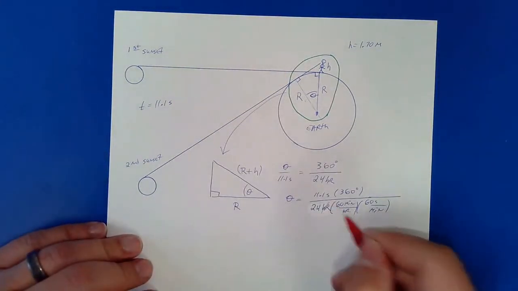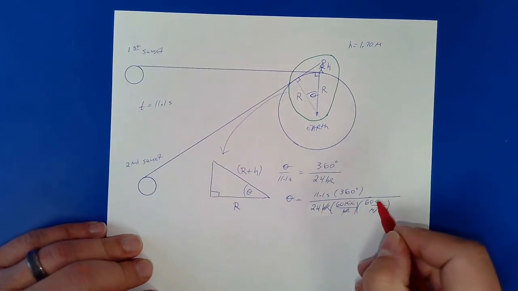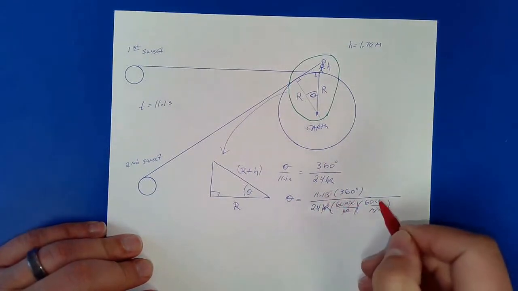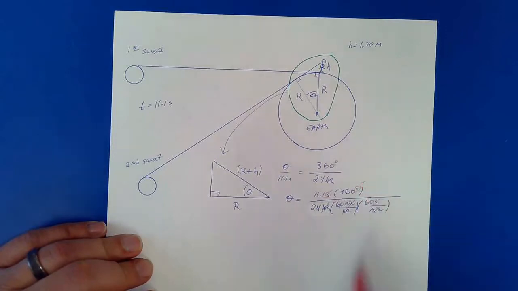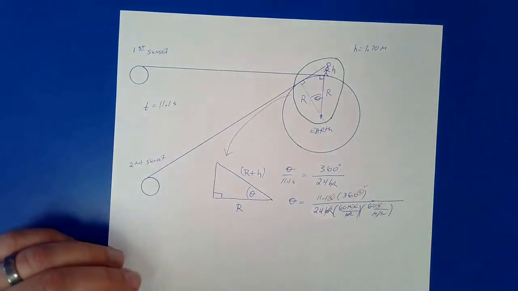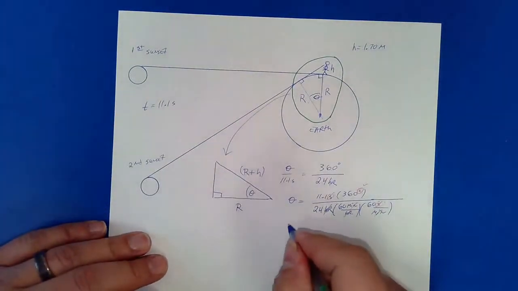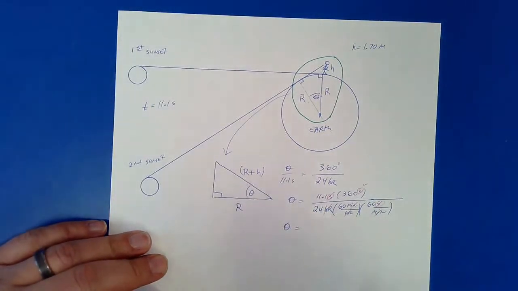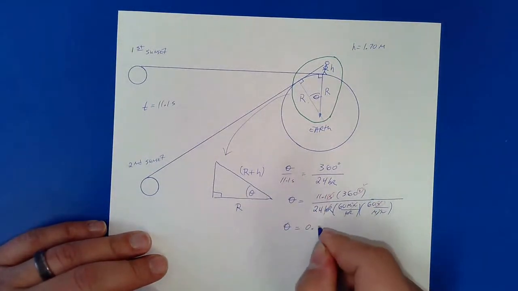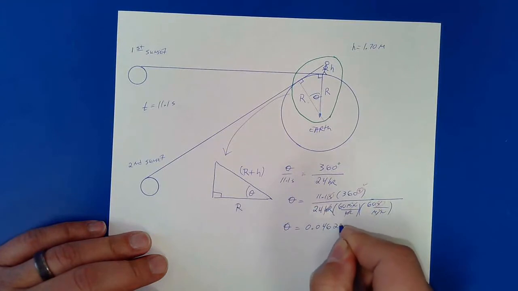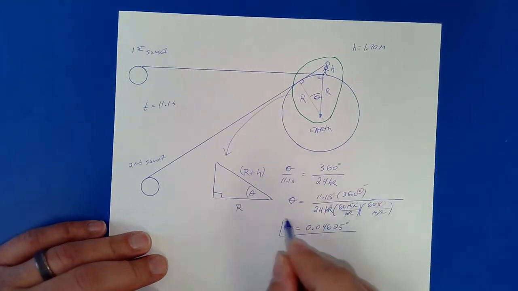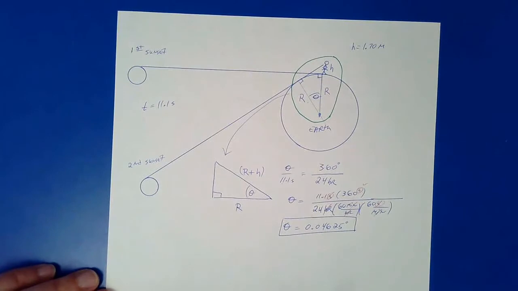Hours will cancel, minutes will cancel, seconds will cancel, and I'm left with degrees, which is the right unit for this problem. When I do the math, I get 0.04625 degrees for the angle. We're going to need that value later.